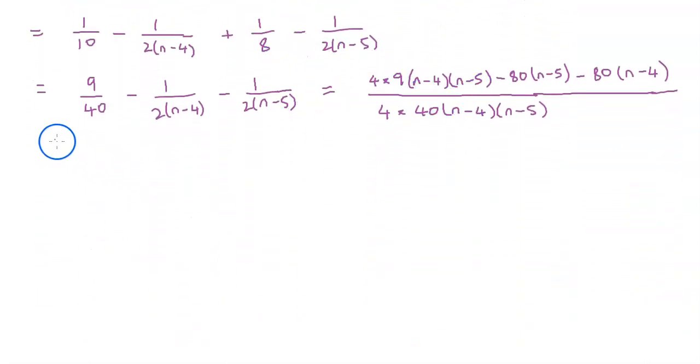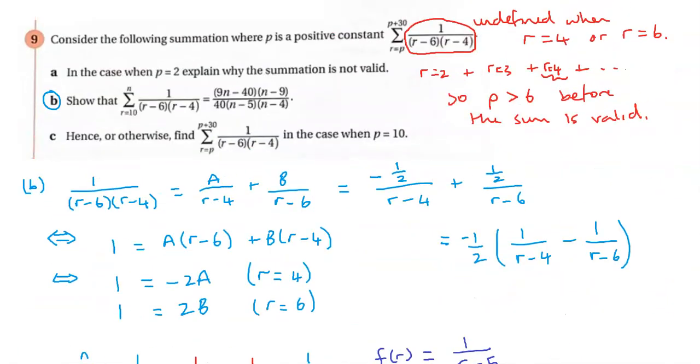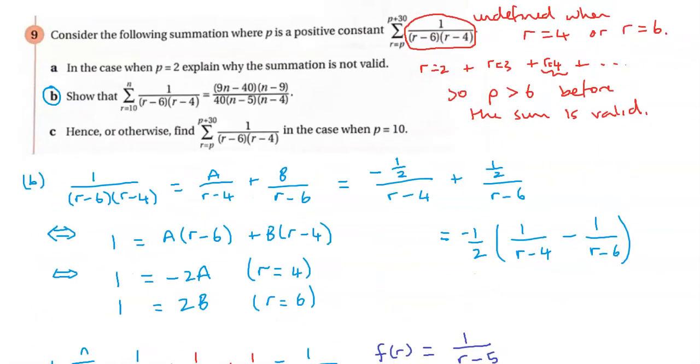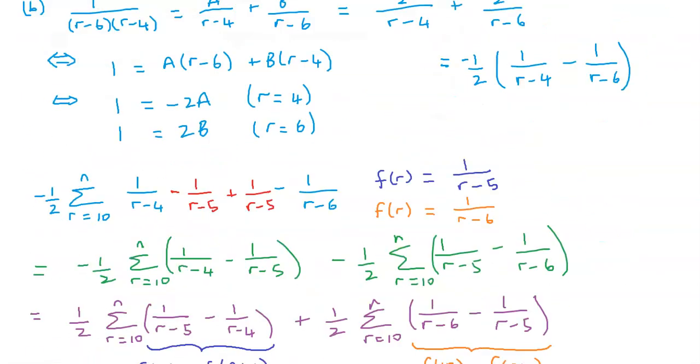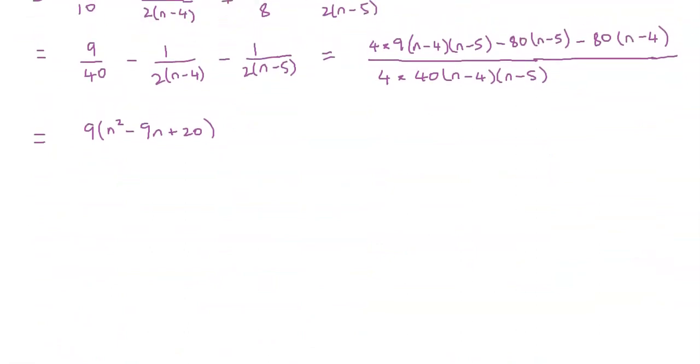Okay, so continuing along, clearly we can divide everything by 4 on top and the bottom. So we get 9, and then let's expand out these brackets as well. So n squared minus 4n minus 5n, so minus 9n, and then plus 20. Wait, let me just check. I think it's okay. So let's keep going like this.